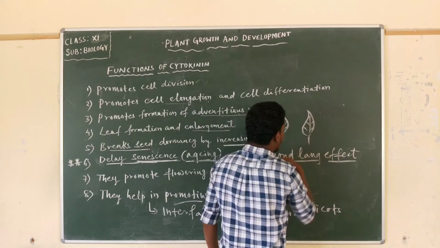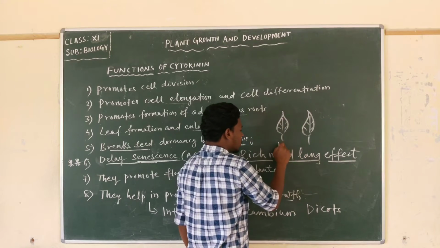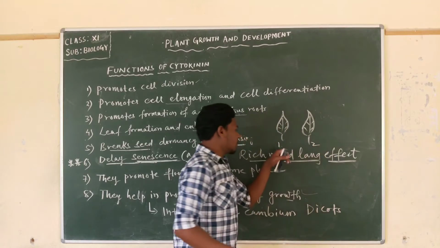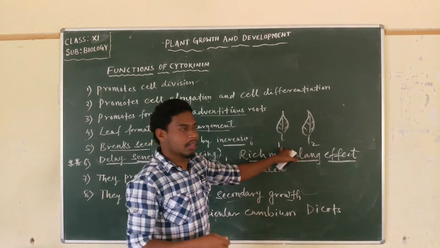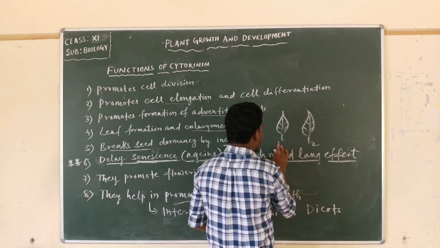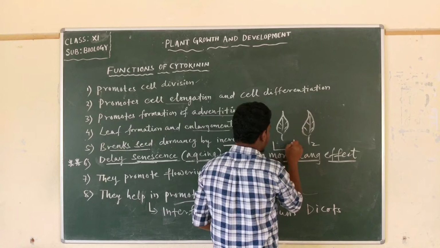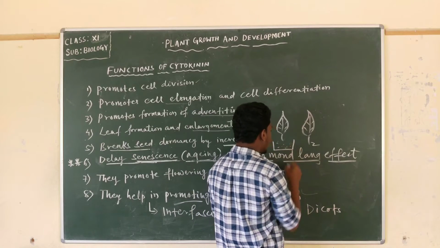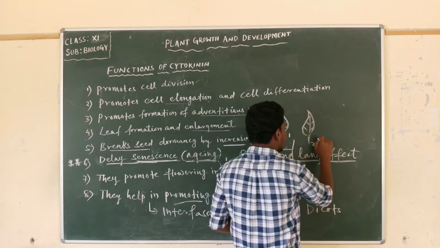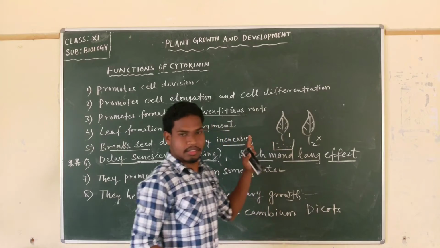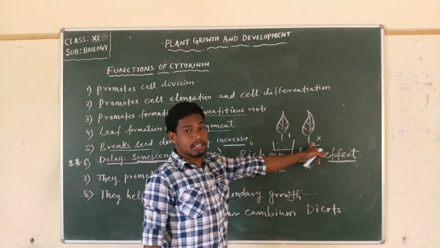For example, this is 1 and this is 2. The first leaf was dipped in the solution of cytokinin, and this was kept as it is without dipping into the cytokinin.